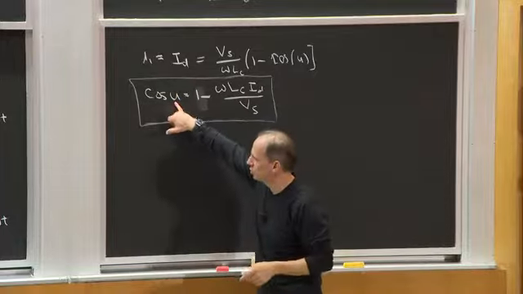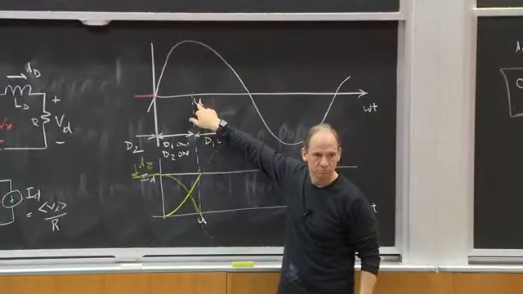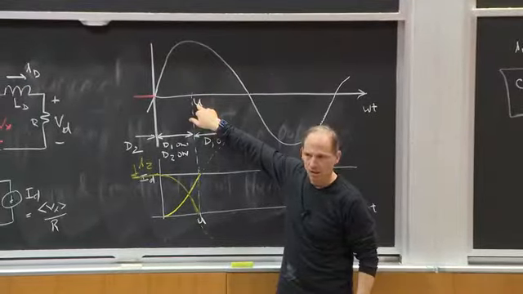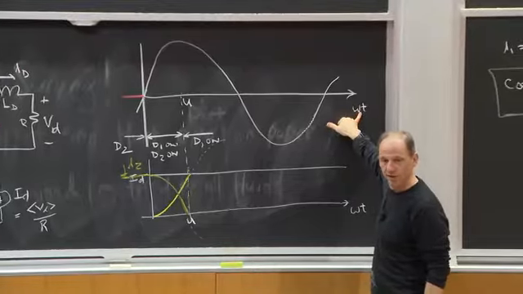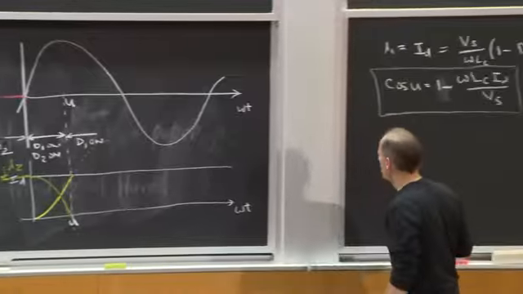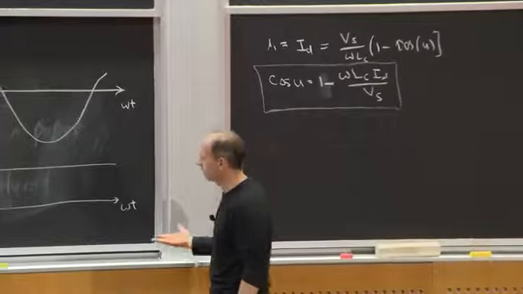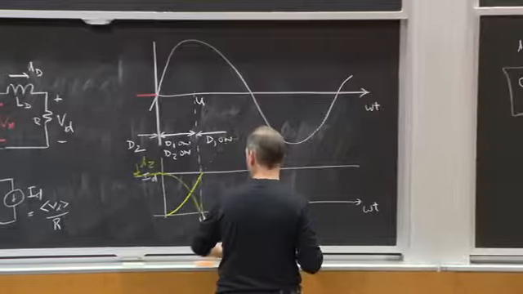This angle u is what's known as the commutating angle. Okay? And it has units of electrical degrees, or electrical radians. Okay? And why am I saying that's the commutating angle? Because what's happened here?